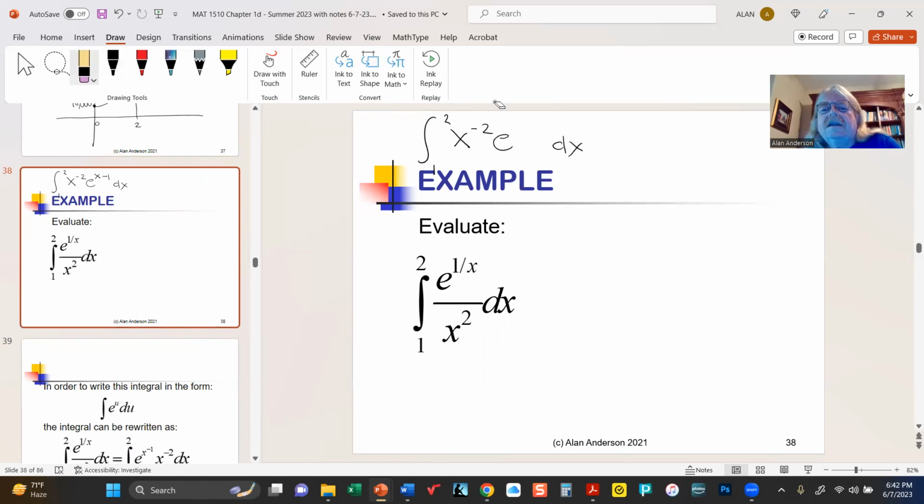This is x to the minus 1. I was just sloppy there. Sorry. It's x to the minus 2. And this is e to the x to the minus 1 power. By writing it like this, it should be a little bit easier to see that u should be the exponent here.